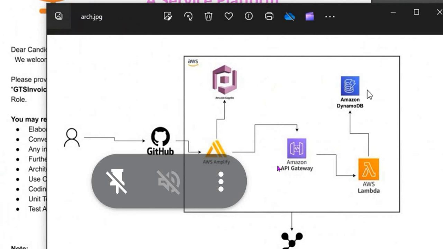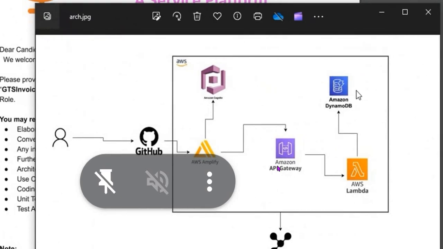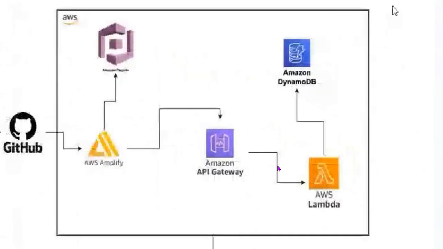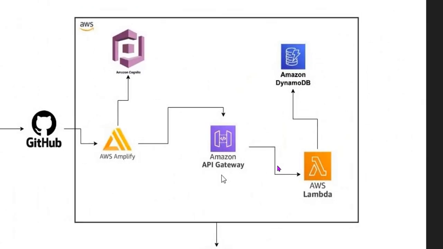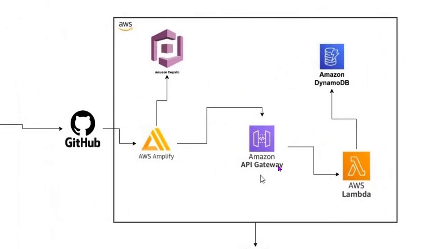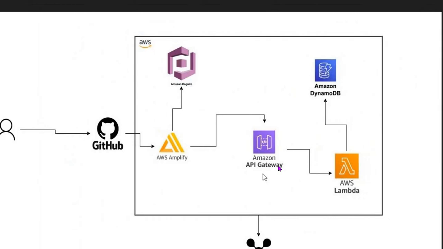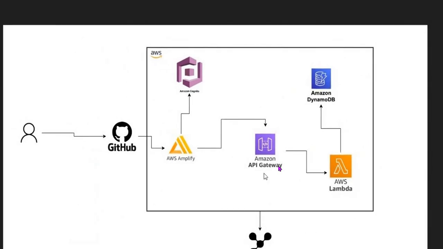And for this, what I have done is use the endpoint of our API Gateway in our Lambda function code, which will then receive the data from DynamoDB and display the whole data on the user interface which I have created.